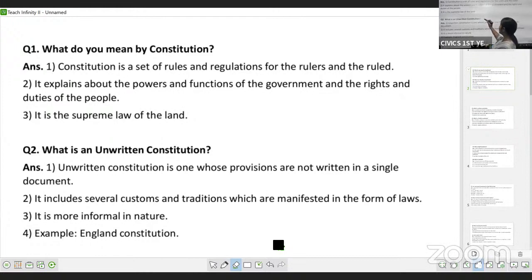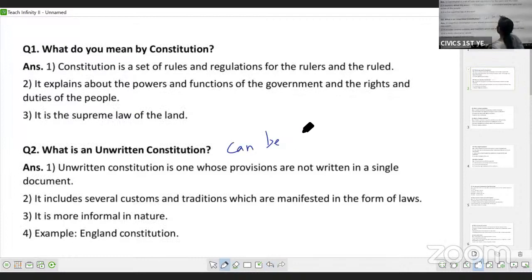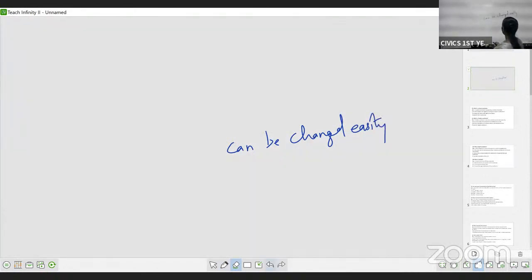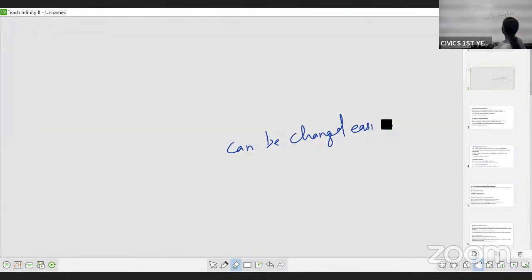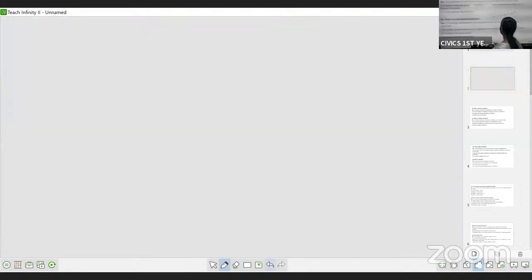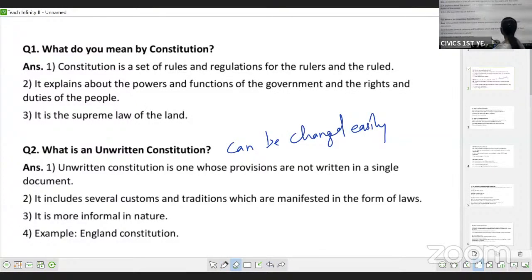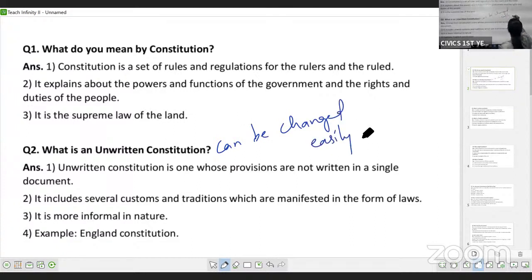An unwritten constitution can be changed easily, whereas a written constitution cannot be changed easily. So it is flexible in nature.